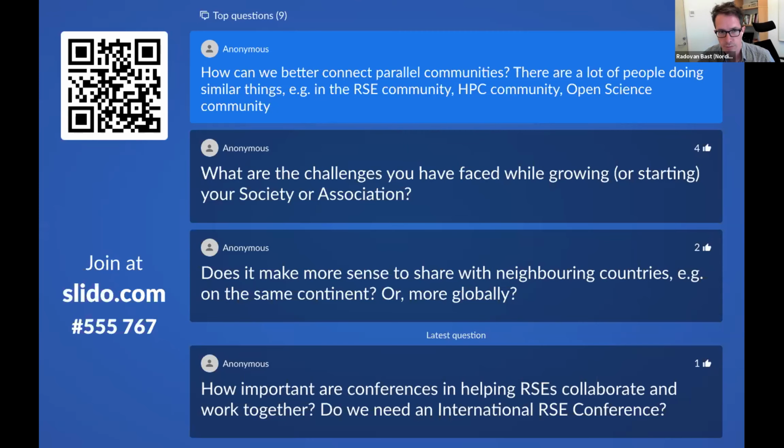So just practically, if I want funding for my RSE work, I really have to convince the HPC community and open science community that our work is important for them also. So there's a clear motivation for why I think we need to try to do this.